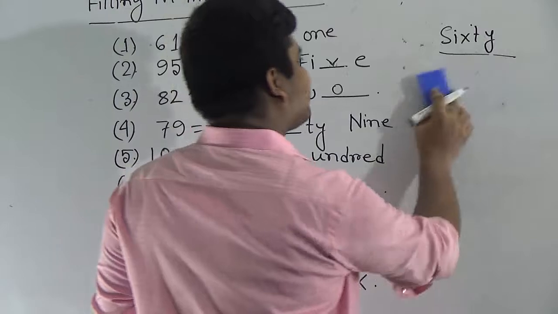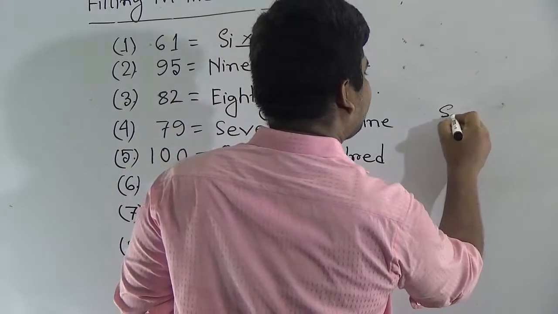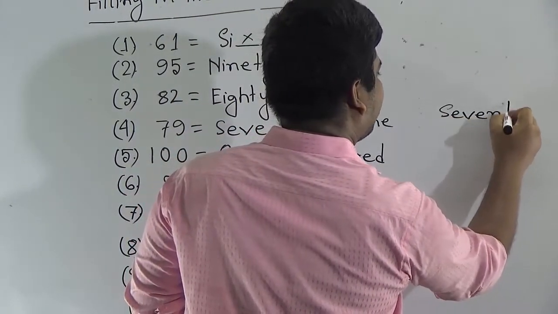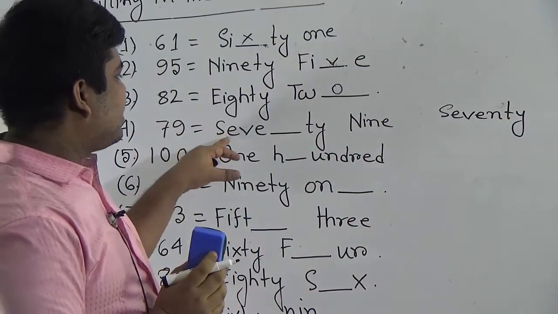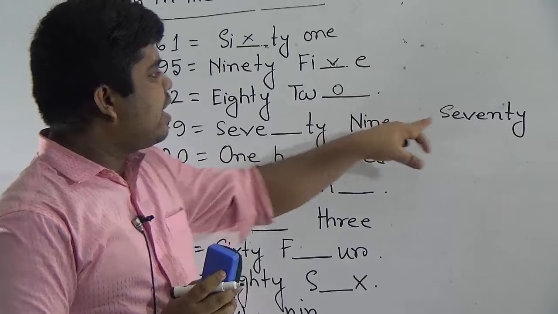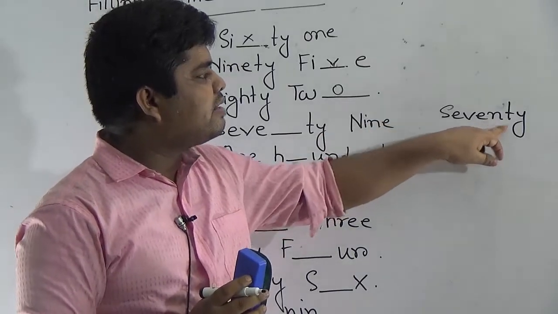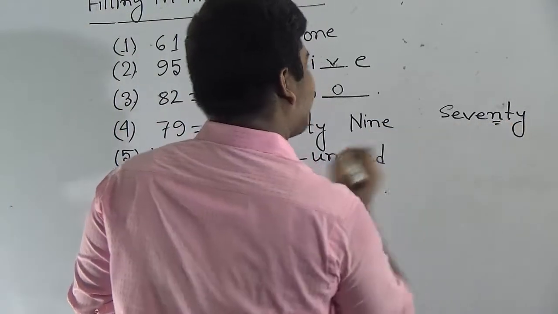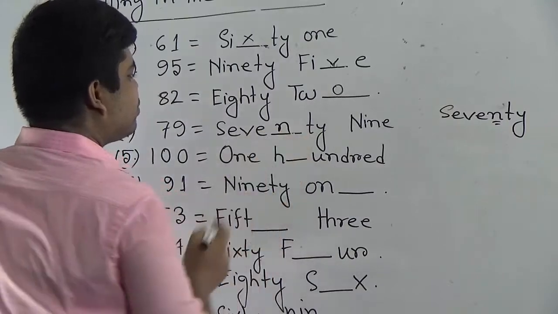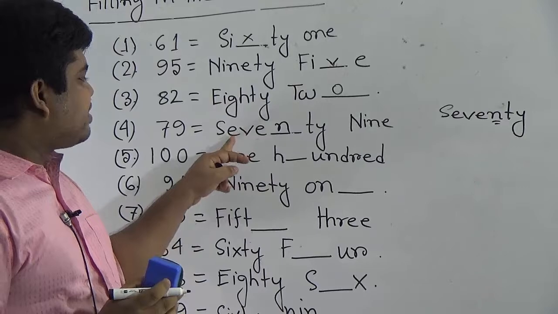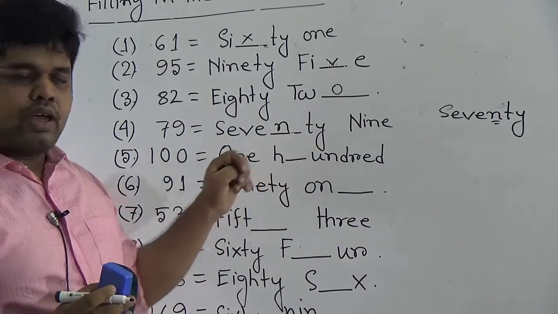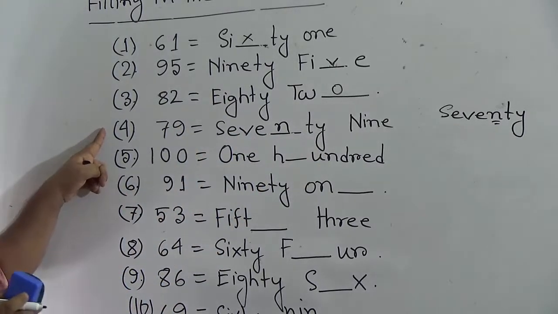Now we write first SEVENTY, 70. My dear students, notice SEVE-TY, SEVENTY. So here N is absent. So we write N to complete the spelling of 70. That means SEVENTY. I hope you have understood question number 4.